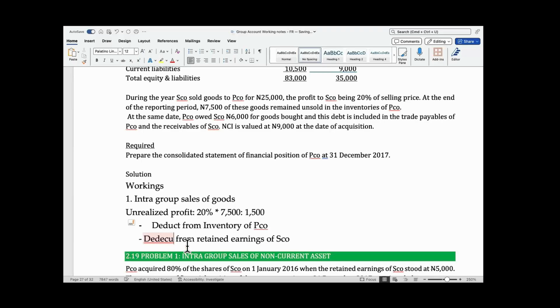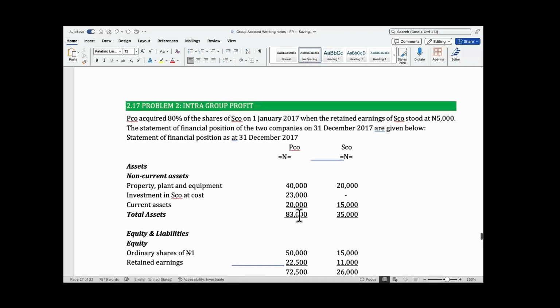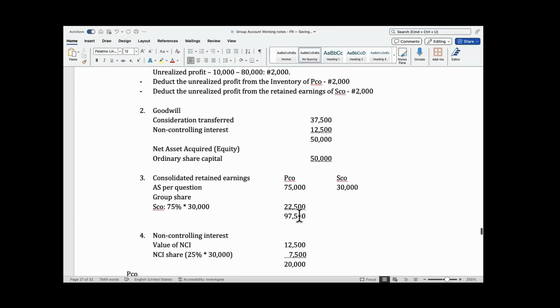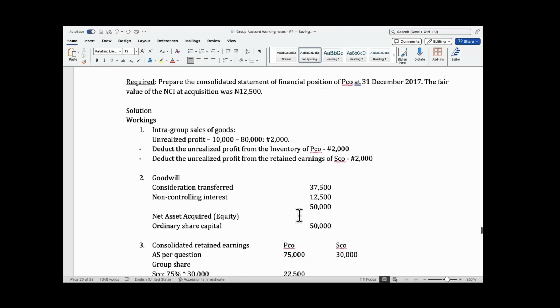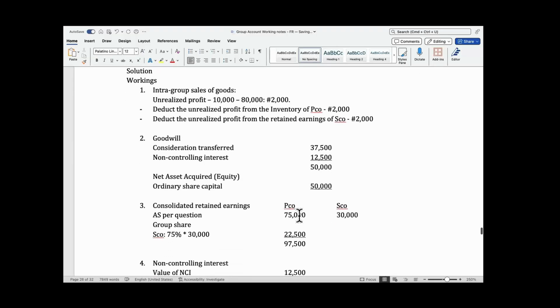That's how you always treat it, depending on who is selling. Oh. I made a mistake here. Just remembered now. We removed from inventory. We didn't remove from retained earnings.